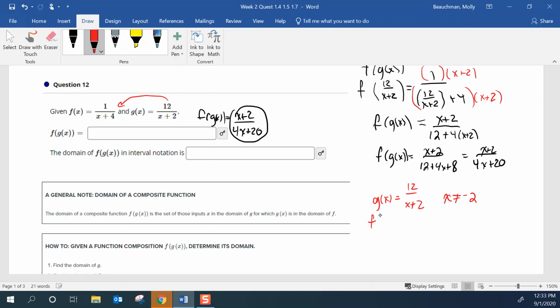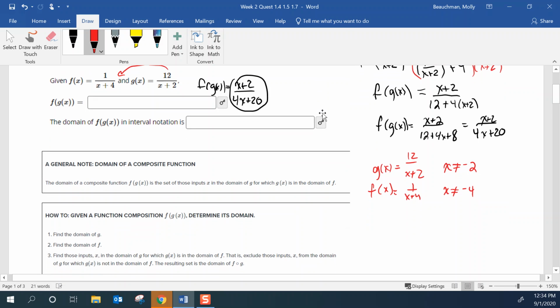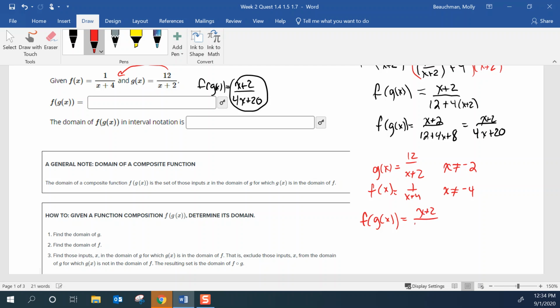Domain of f of x, 1 over x plus 4. X can't equal negative 4, because that's what makes the denominator 0. Now we take a look at our f of g of x, which equals x plus 2 over 4x plus 20.